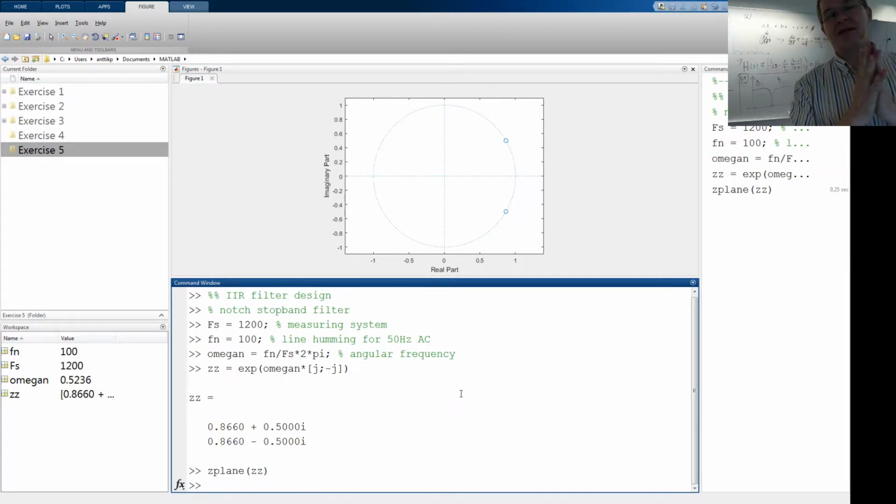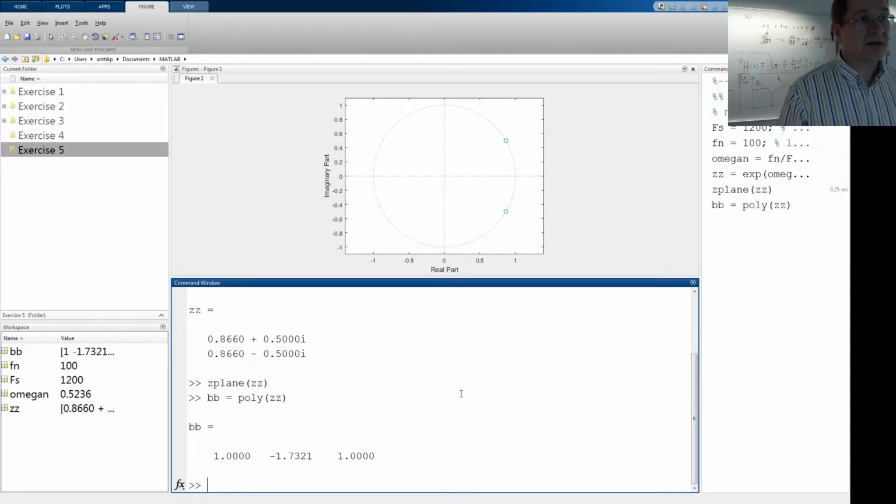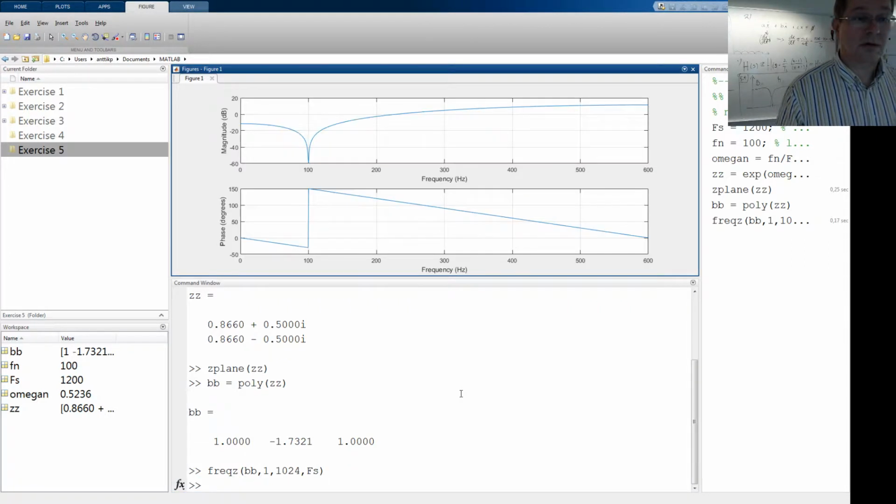Okay, so now we have the zeros at the right place, and let's take a quick look at the system parameters. The system coefficients for this one would be the polynomial from these zeros. Now we can also calculate the frequency response of this one, just to make sure that we have everything at the correct place.